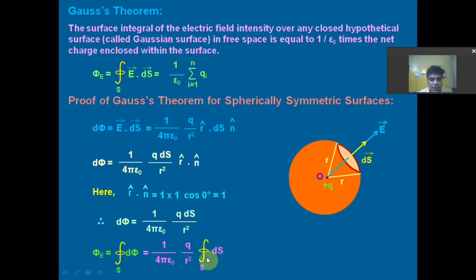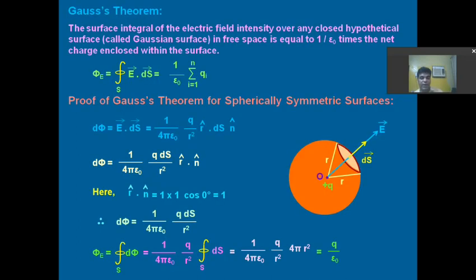What is the surface area? 4 pi r square. So we put here 4 pi r square, and 4 pi r square cancels with 4 pi r square, and it will only remain q by epsilon naught. That means we have proved here phi e is equal to q by epsilon naught.